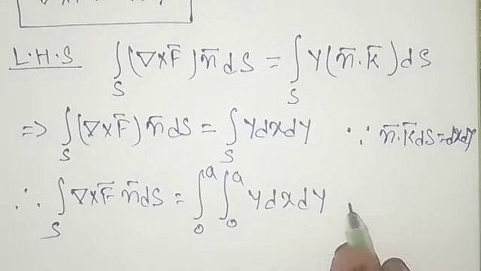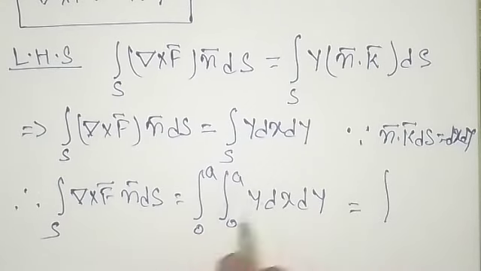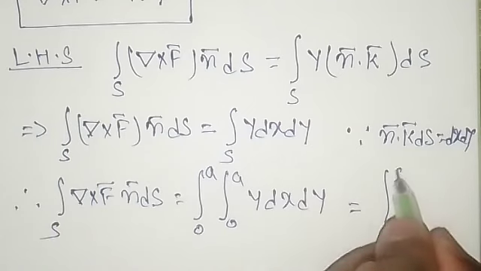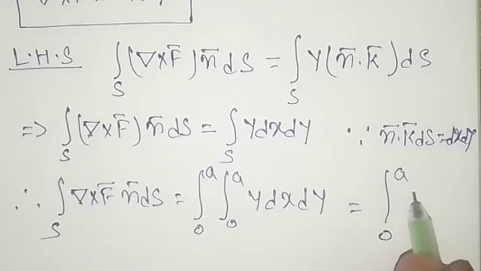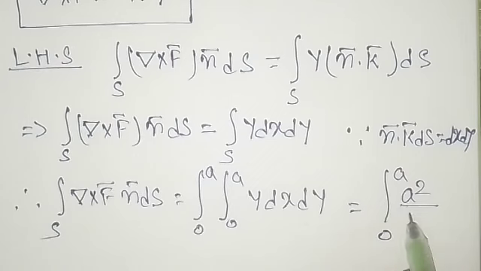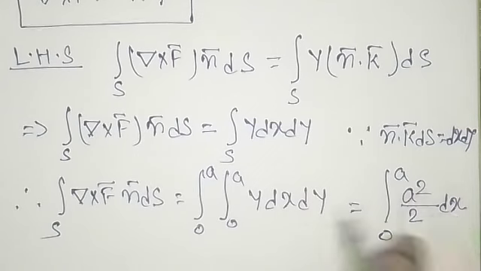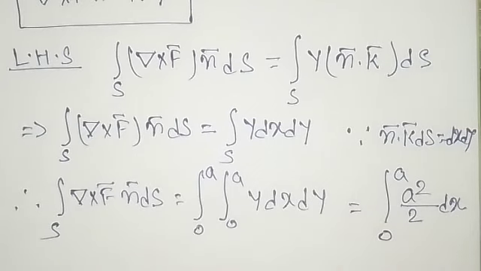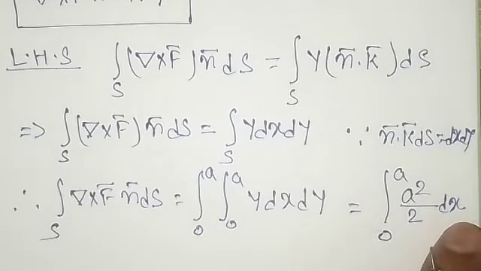So the second time, one integration we did, and we put the limit. After doing this, we have one more integration to do, that is 0 to a, and the integrand is a²/2 into dx. a²/2 is a constant, we can take it out, and the dx integration is x. Further you have to put the limit, okay. So when you put the limit, it becomes a, right?